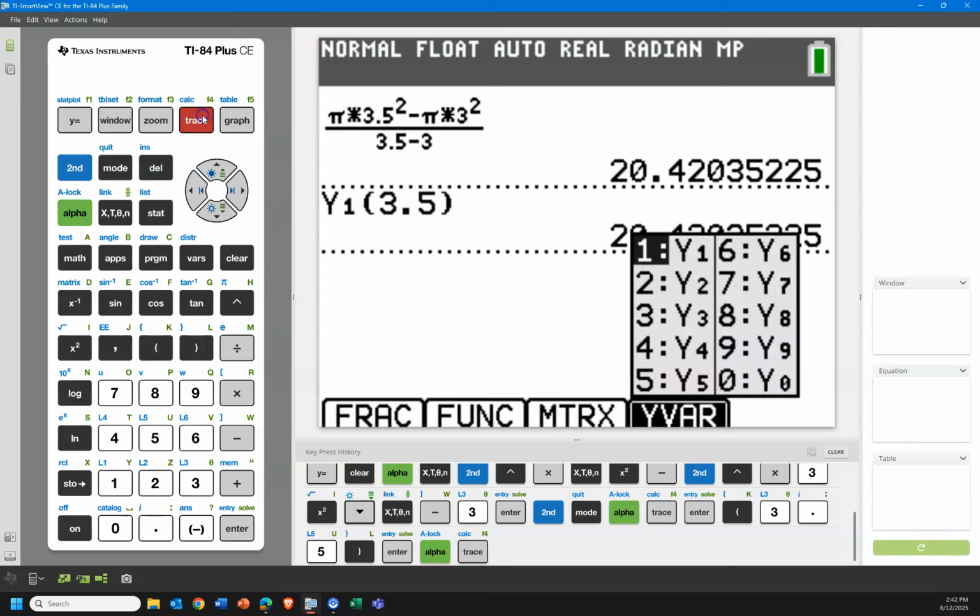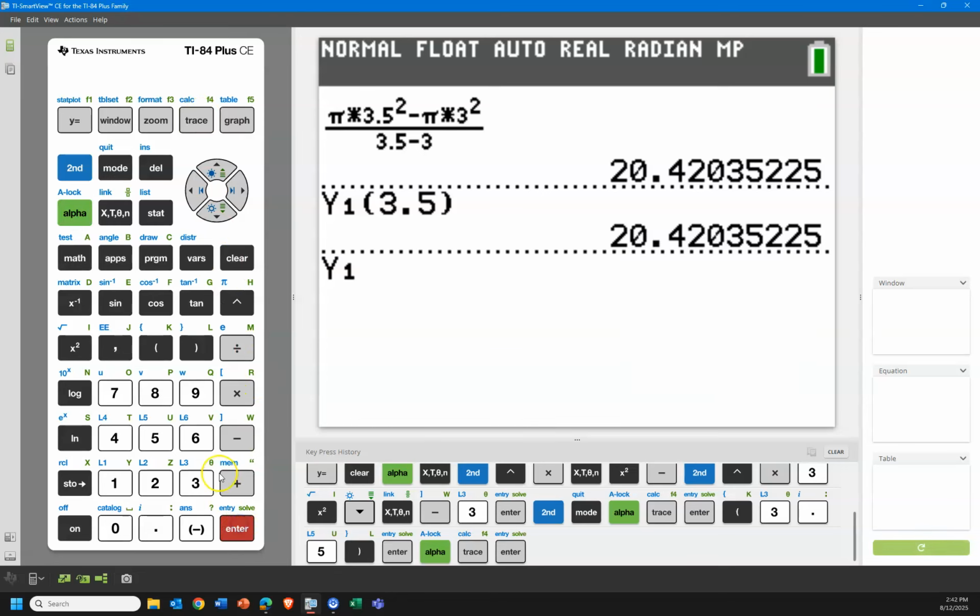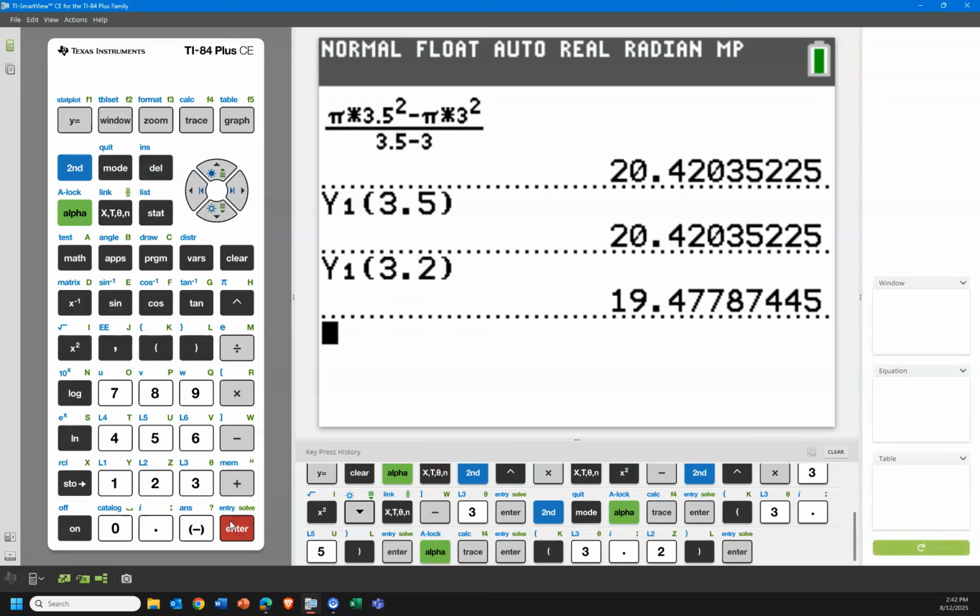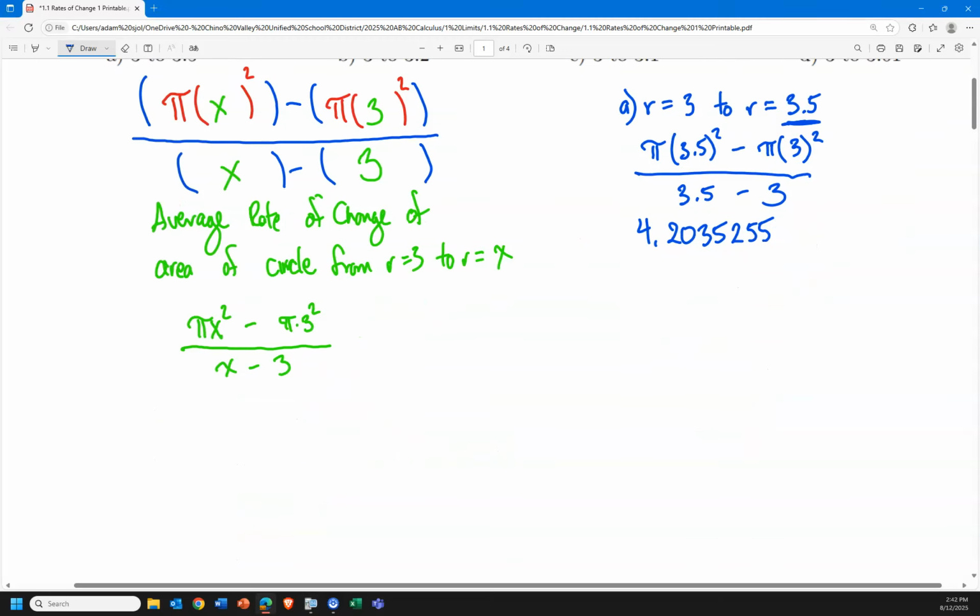Which is nice because I know I'm supposed to put 3.2, well, the average rate of change of the area of the circle from 3 to 3.2. Which just means 3.2 is the input, and I already have the number. I just need to write something here.